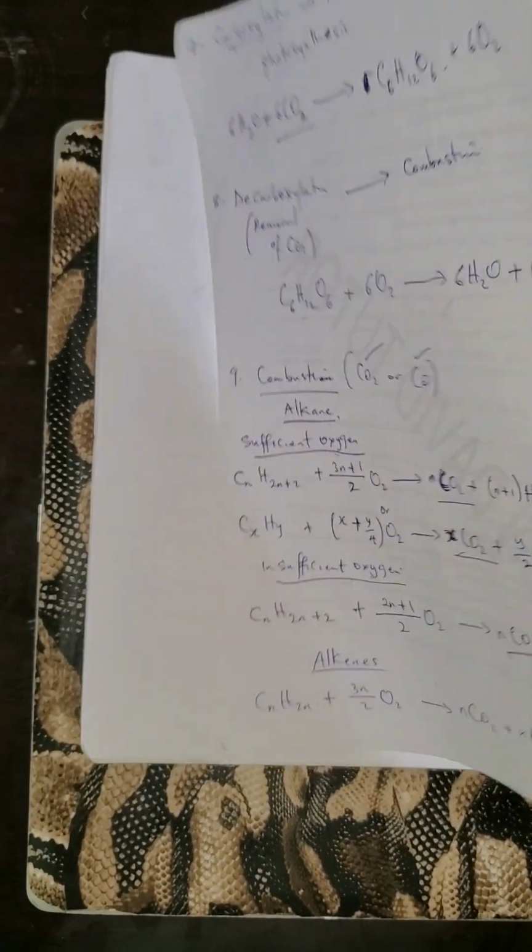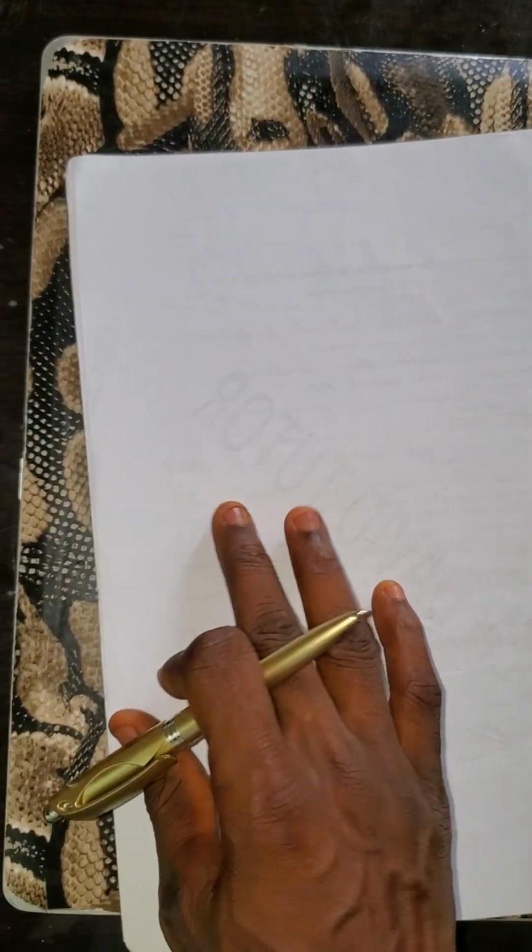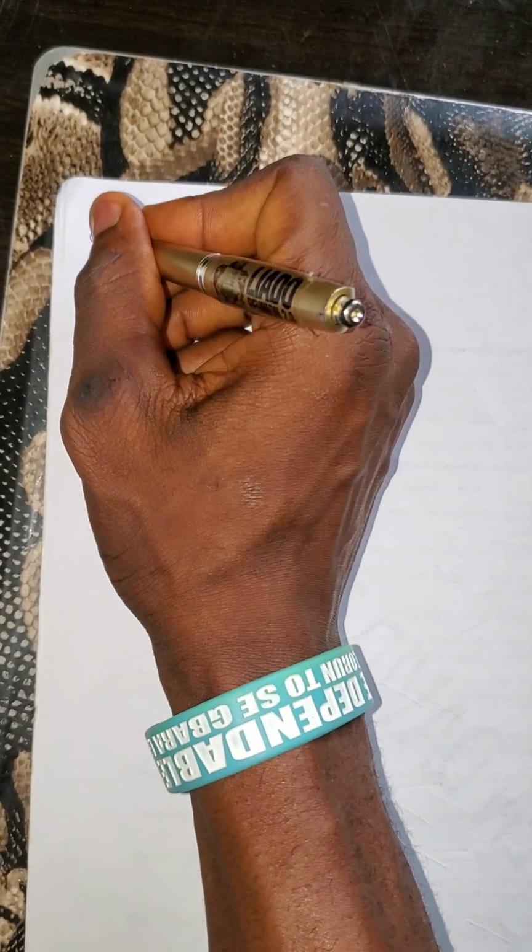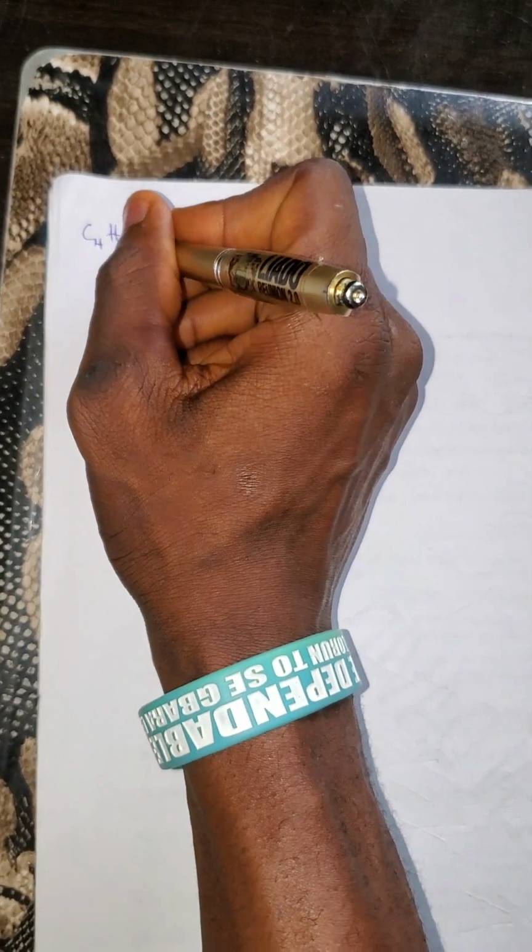Now let us have an example. If you are to balance C4H10, that's butane. That's 4 times 2, that's 8 plus 2, that's 10.